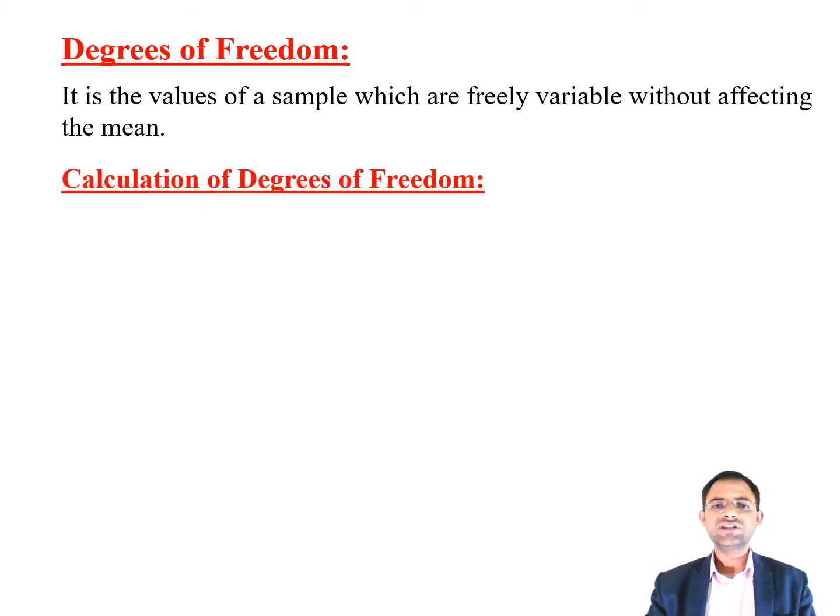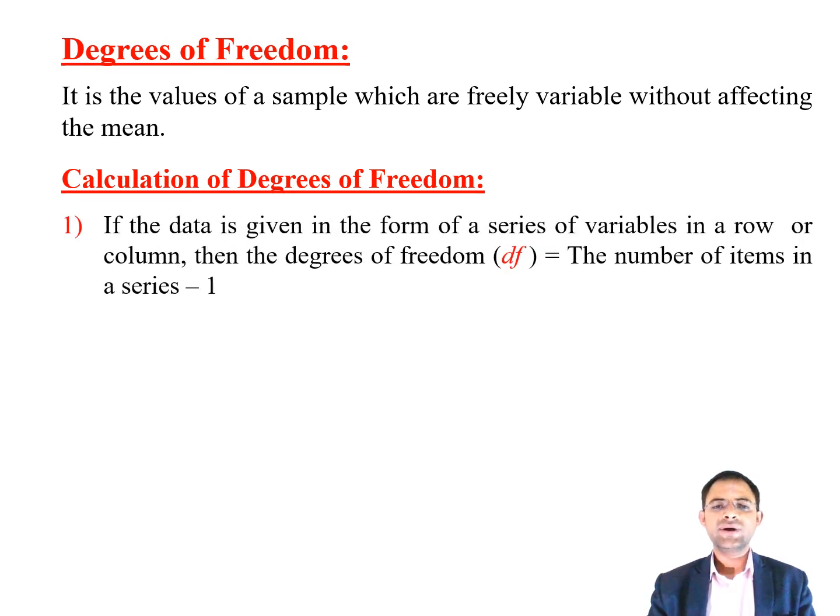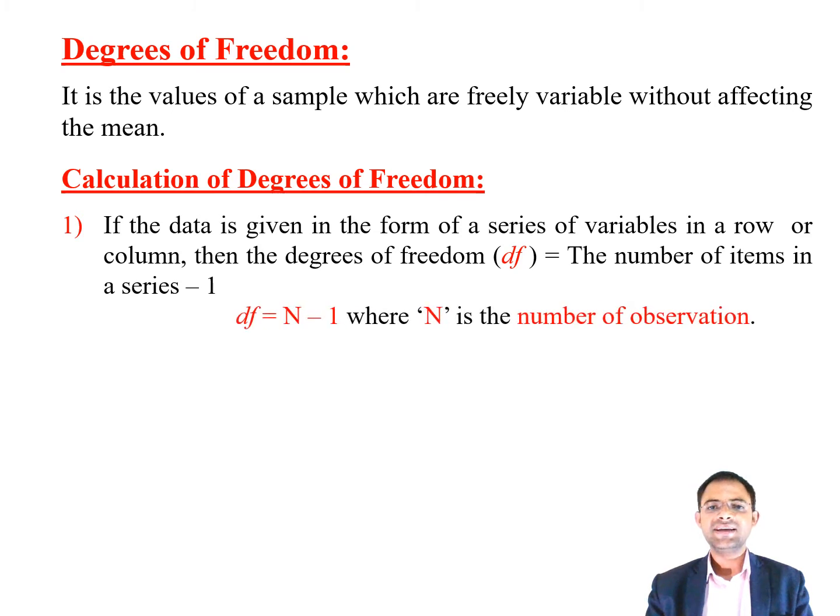Now, the calculation of degrees of freedom. The degrees of freedom may be calculated in two ways. The first one is if the data is given in the form of a series of variables in a row or column, then the degrees of freedom df equal to the number of items in a series. That is, df equals n minus 1, where n is the number of observations.